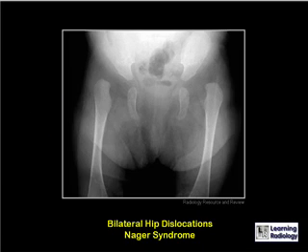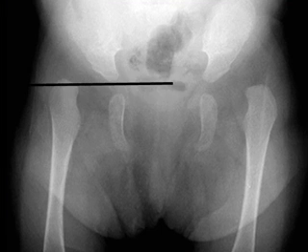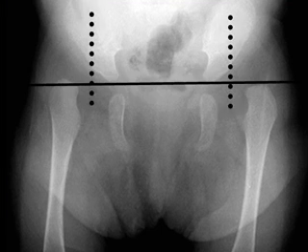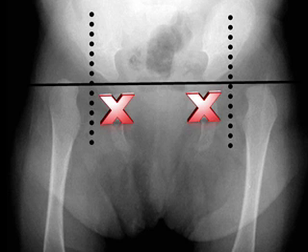So this is a case in which there are bilateral hip dislocations. If we draw our horizontal line and then drop the 2 perpendiculars from the outer edges of the acetabulae, we can clearly see that the capital femoral epiphysis, even if it were ossified, would not lie within the lower inner quadrants where the X's are.